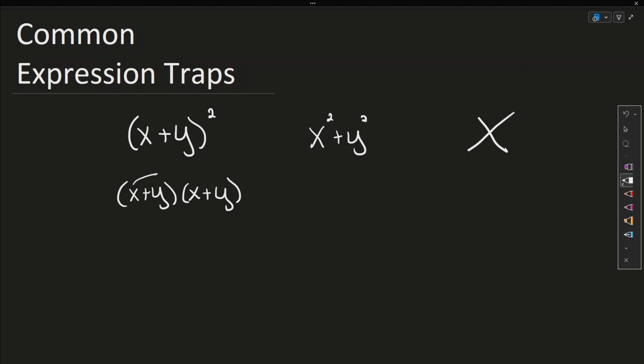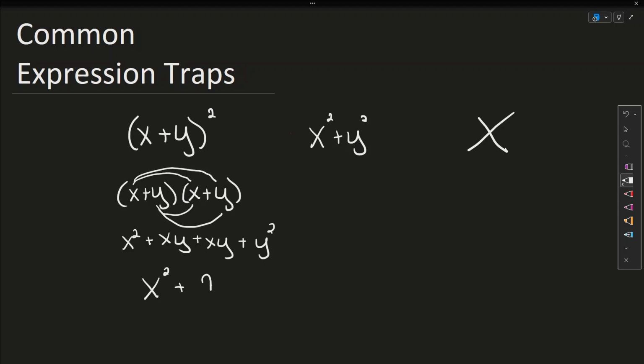And when we multiply, the first gives us x squared. The outside is xy. The inside is xy. And our final two terms give y squared. So (x plus y) squared is actually x squared plus 2xy plus y squared. That is not the same as x squared plus y squared.